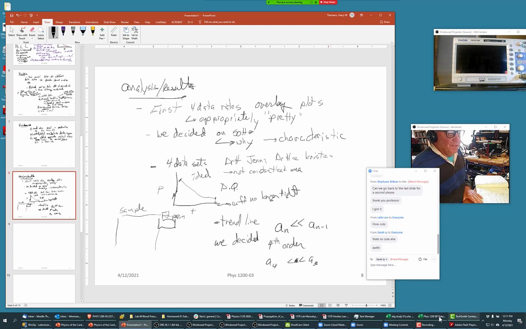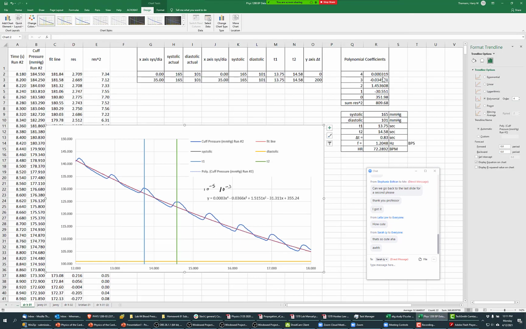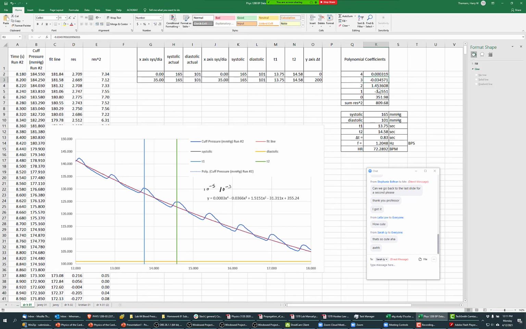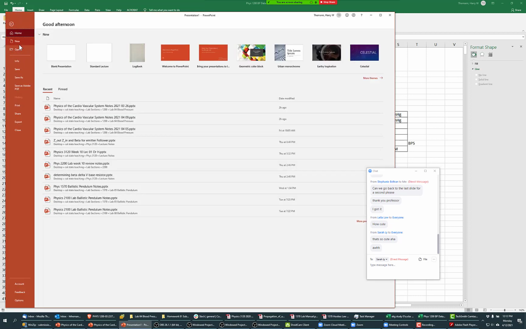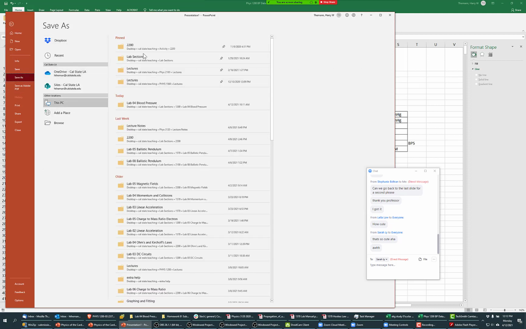Then we hand typed the numbers into this table. Gosh, I forgot to save this. I often wonder if I don't save it, will it be auto-saving?